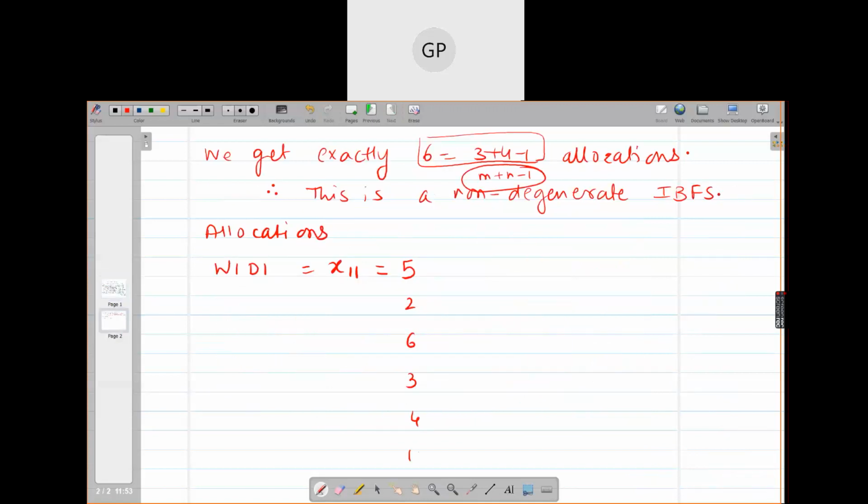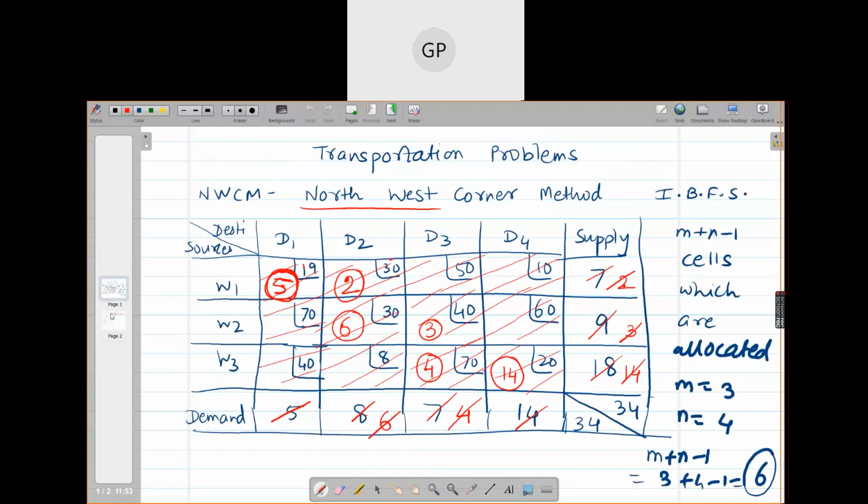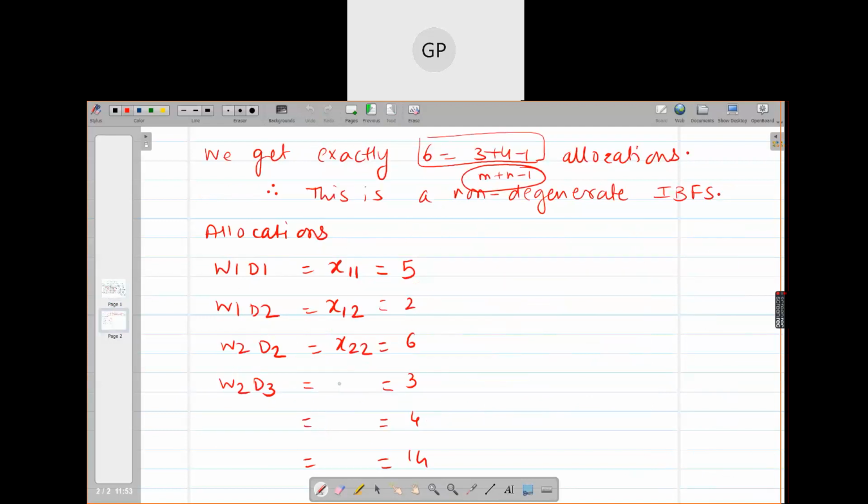So this is W1, D2, or you can write X12. This is W2, D2, I guess, right? Correct? Then W2, D3. Then W3, D3. That is X33. And W3, D4. That is X34. Have you understood this?